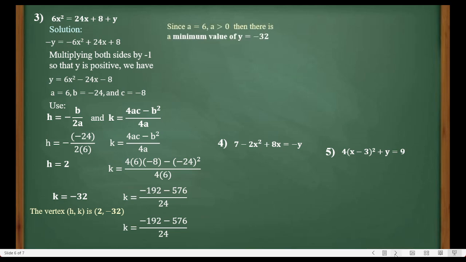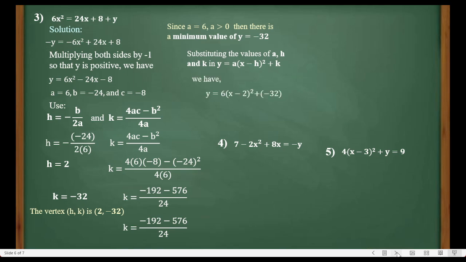Now, since a is equal to 6, which is greater than 0, then there is a minimum value of y which is equal to negative 32. Now, substituting the values of a, h, and k, we can now determine the specific vertex form of this given quadratic function.